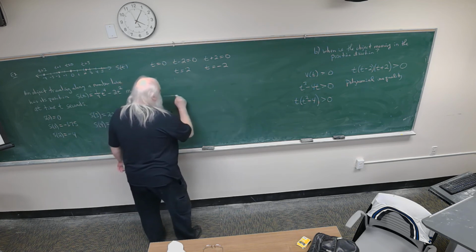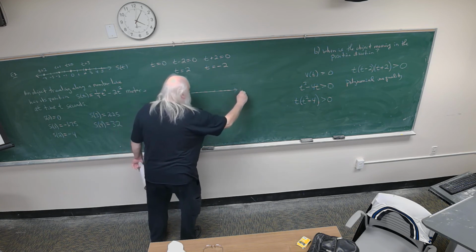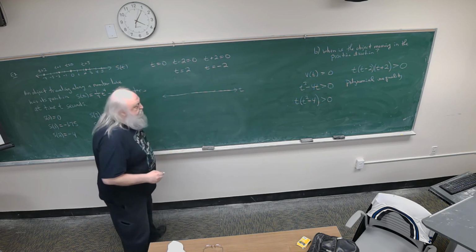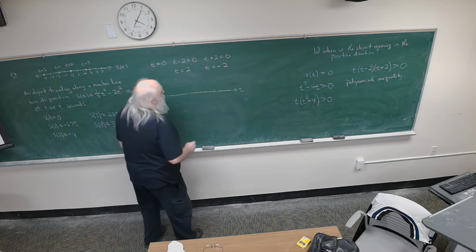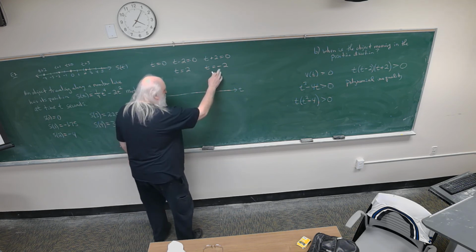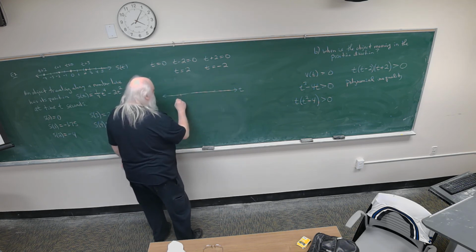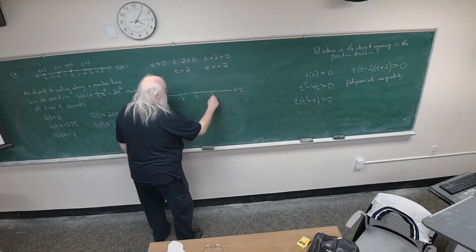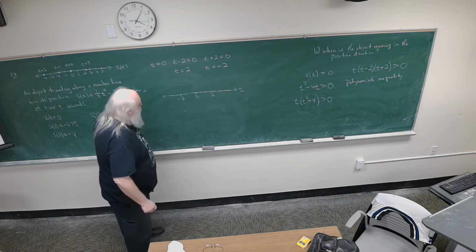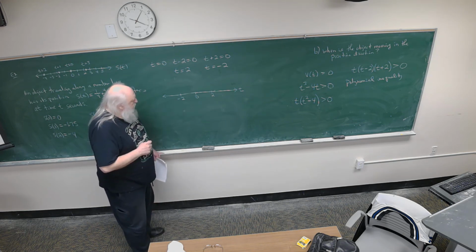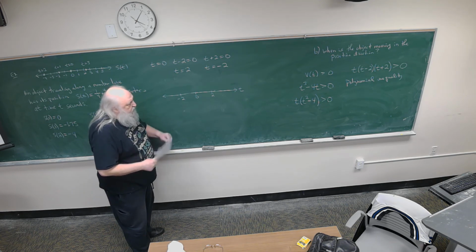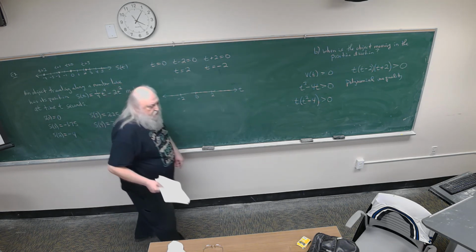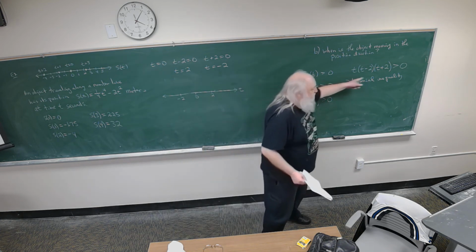And then you use those values of t to break the real number line up into intervals. So we've got minus 2, 0, and plus 2. Now, what is unique about this problem is we're not interested in all values of t that make the left-hand side greater than 0.